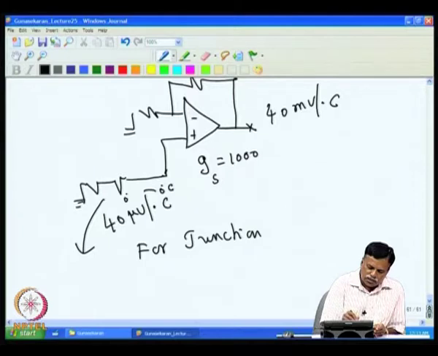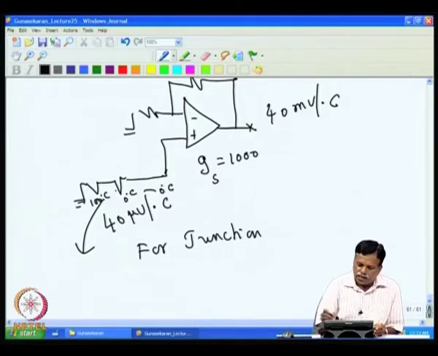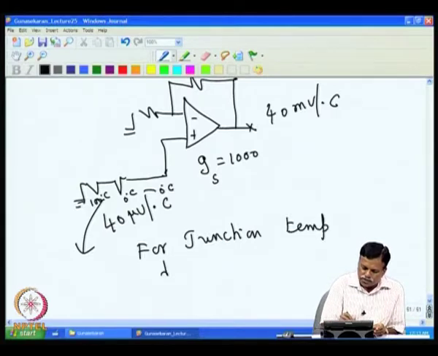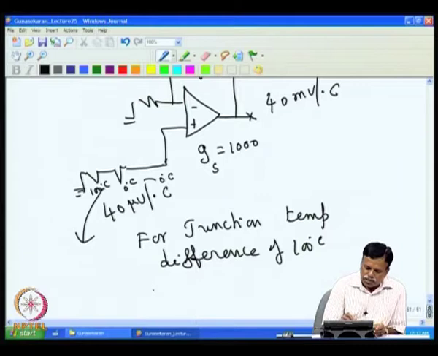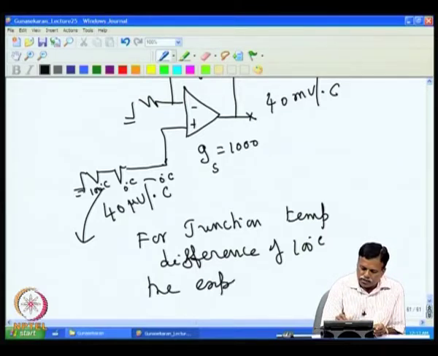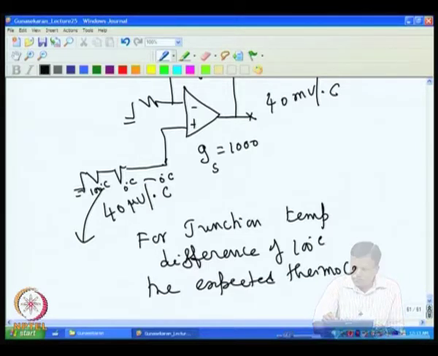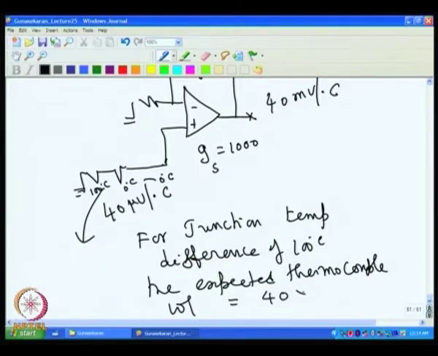If this is at 0 degree C and this is at 100 degree C, then the difference is 100 degree C. So the expected thermocouple voltage is 40 into 100, that is equal to 4 millivolt.